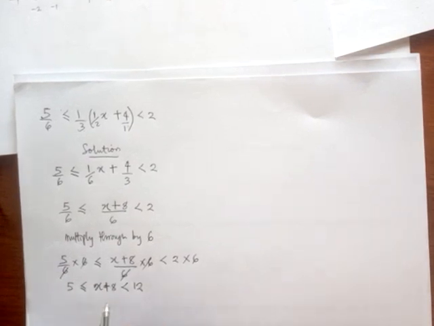Now what do we do? We subtract 8 from all of these sides because we need to isolate x. So subtract 8 from all 3 sides.